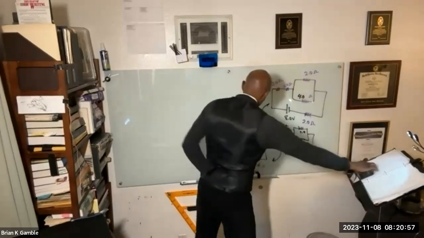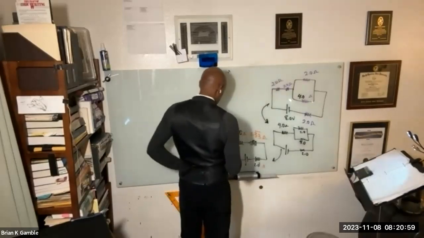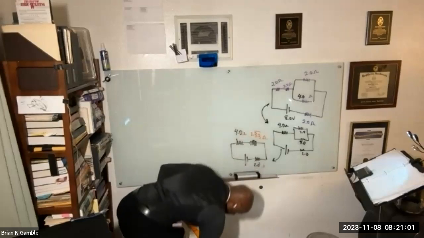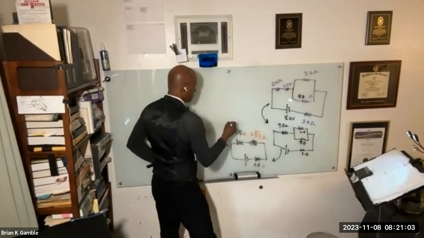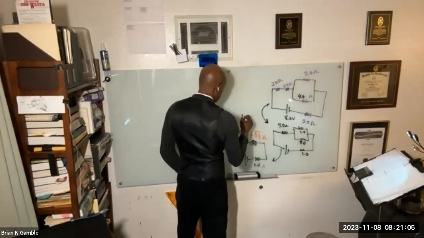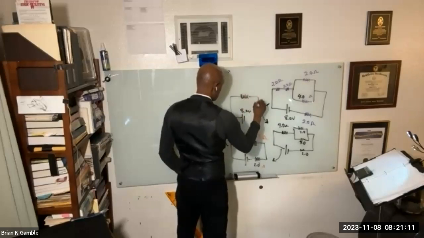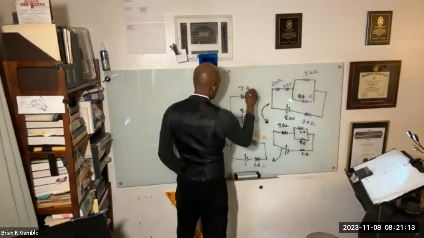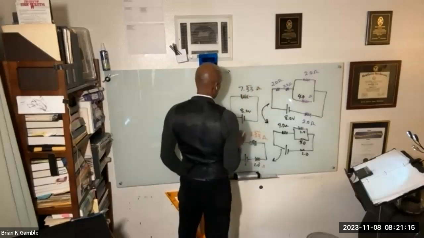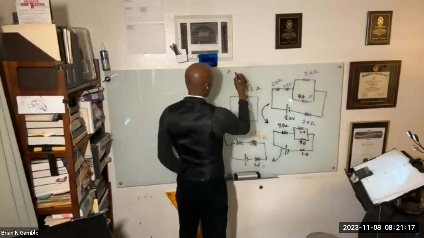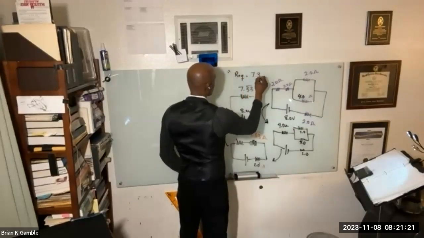So if I redraw it again, this is the circuit that I have. Final time: 8 volts, and this is 7.33 repeating ohms. So R equivalent is equal to 7.33.